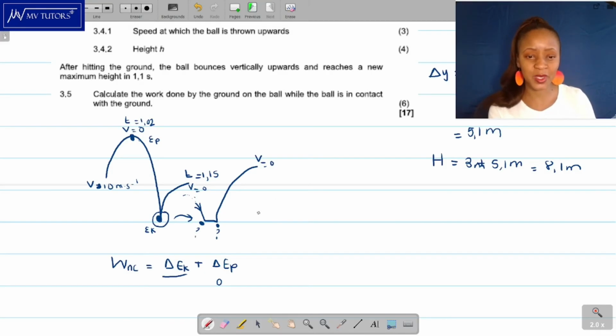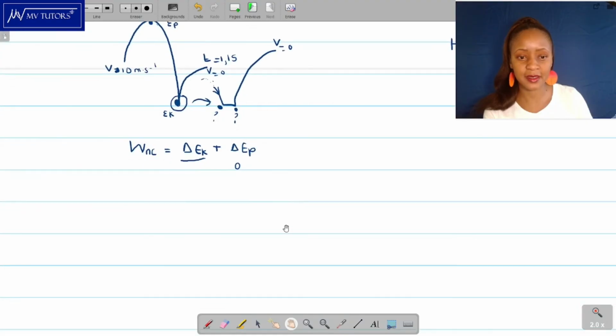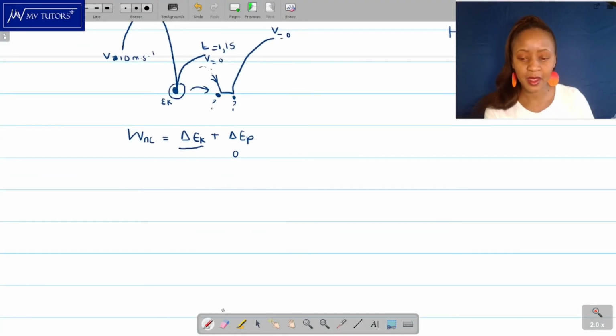So let's see, what are we going to do? We're going to use our equations of motion. Which one is it going to be now? Let me just write them. So I have final velocity equals initial velocity minus g delta t.